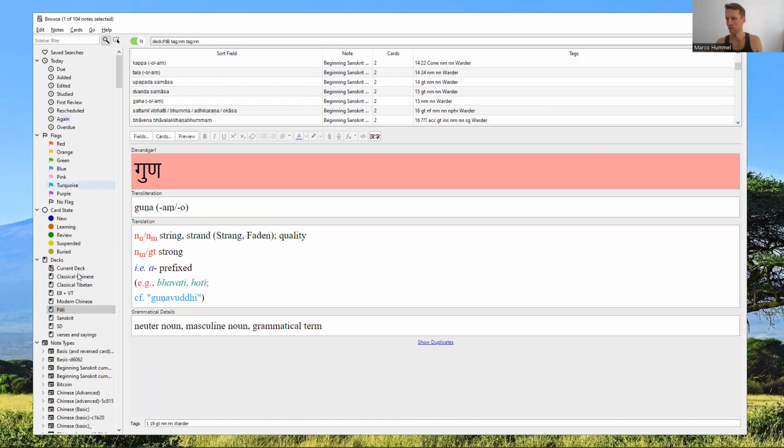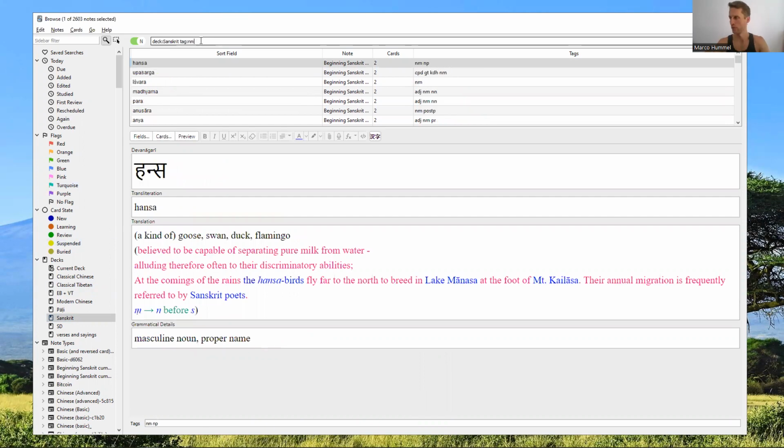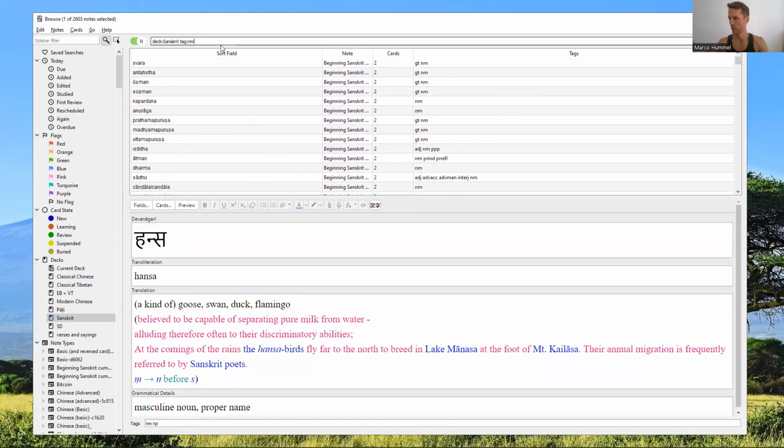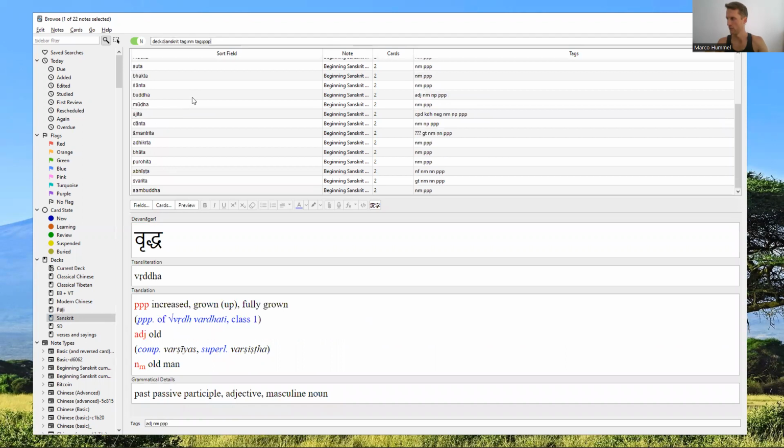Moreover, if I just go to the Sanskrit folder, you can even extend it and go for 3 tags. For example, you want to have something which is a masculine noun. You can see here, it's a huge search entry. Moreover, you just want to have something which is a PPP, a past passive participle. Then you still find a few.